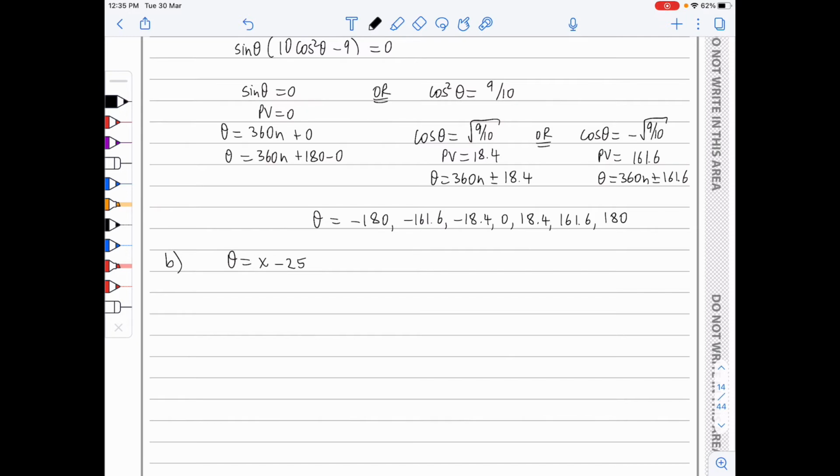We've got the solutions for theta, so theta plus 25 is x. So actually picking out minus 18.4 will give you the smallest positive answer. So minus 18.4 plus 25 is x. So x is giving me 6.6 degrees.